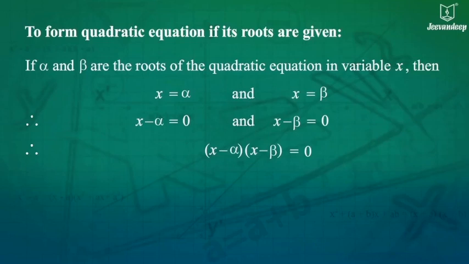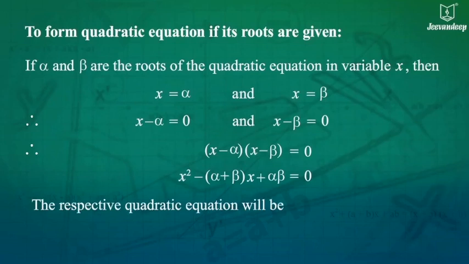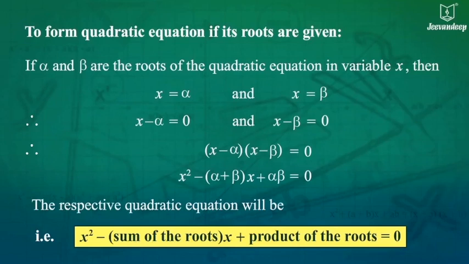Or x minus alpha into x minus beta is equal to 0. Or x square minus (alpha plus beta) x plus alpha beta is equal to 0. The respective quadratic equation will be given by x square minus sum of the roots into x plus product of the roots is equal to 0.